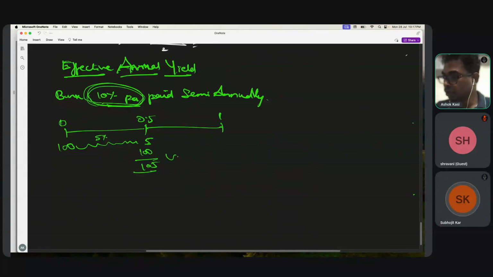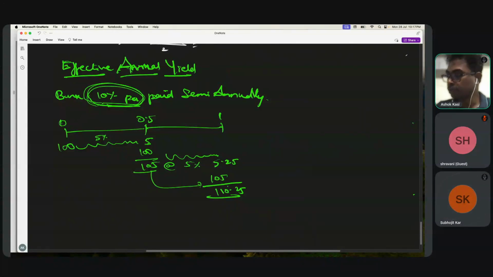Then from 0.5 to 1, it will again grow at the rate of 5 percent. So take 5 percent of 105 in your calculator. That is 5.25, and your own 105. That means effectively you are getting 110.25, which means 10.25 percent out of 100. It is not 10 percent. So when the frequency is increasing, you are being paid more when it is compounding.